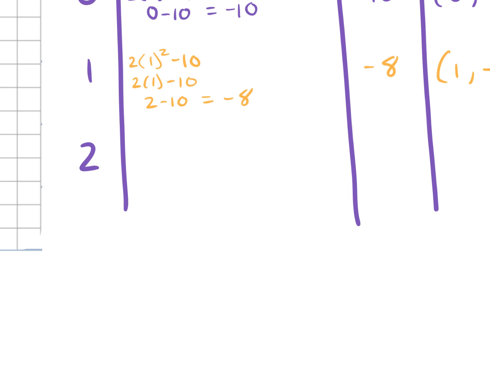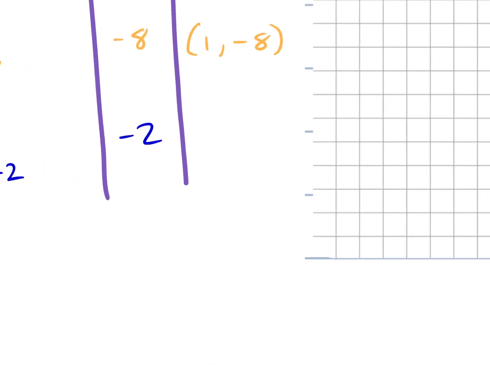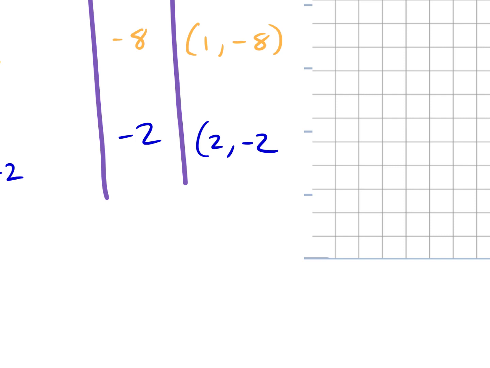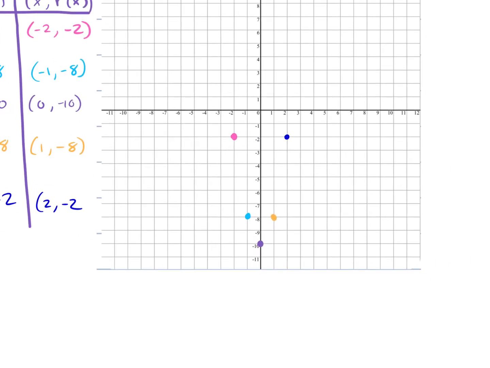I need to see your work. So make sure you plug in all the numbers to show your work. So 2 times 2 squared minus 10 would be 2 times 4 minus 10. What's 8 minus 10? Negative 2. So our point here would be 2 comma negative 2, exactly like we said it would be.